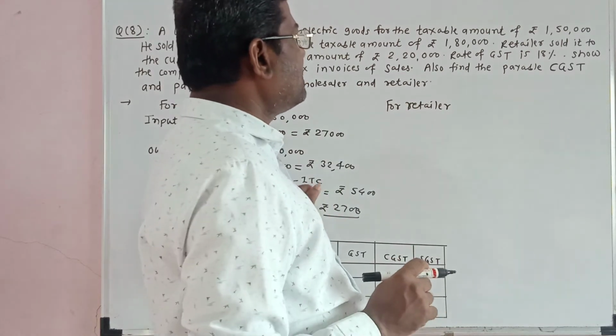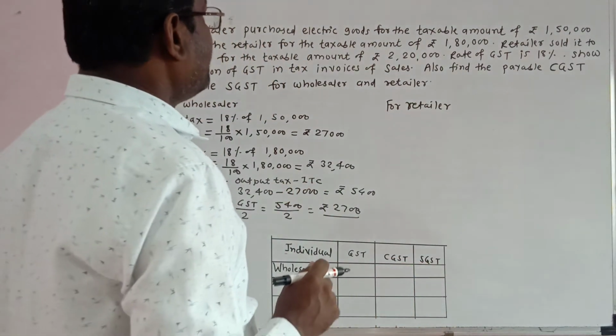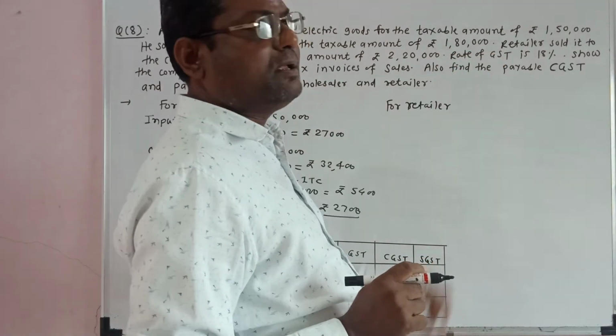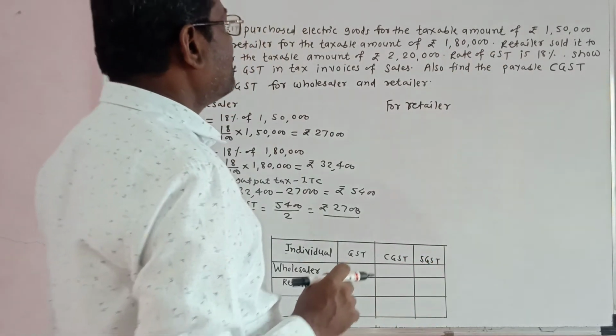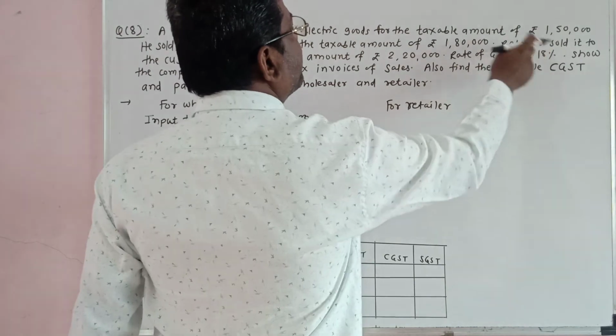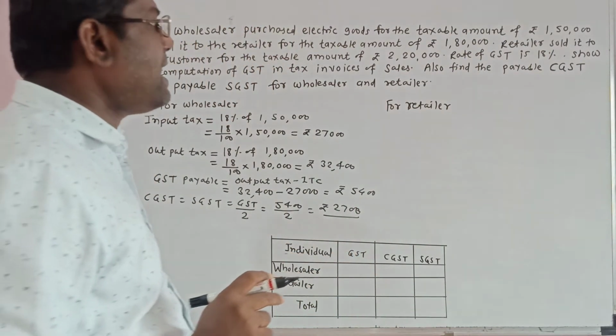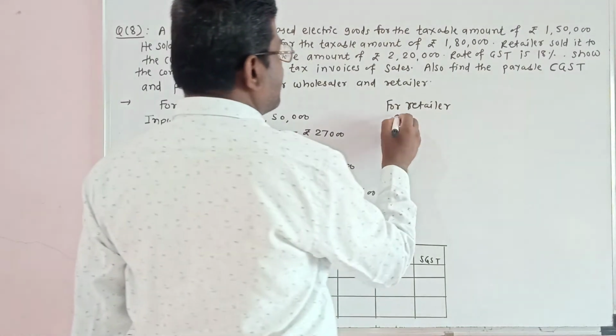Now for the retailer. The retailer has a purchase value of 1,80,000. So 18% tax on 1,80,000 is the input tax for the retailer.